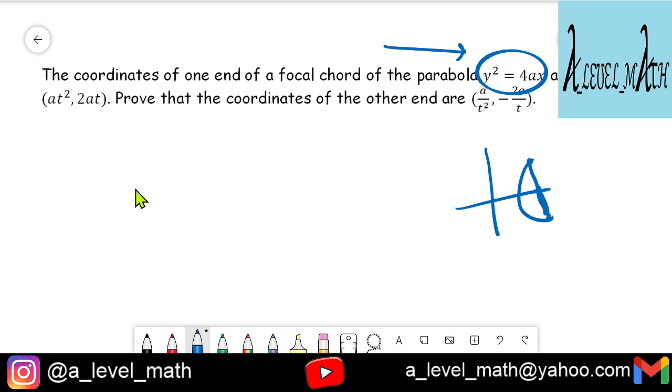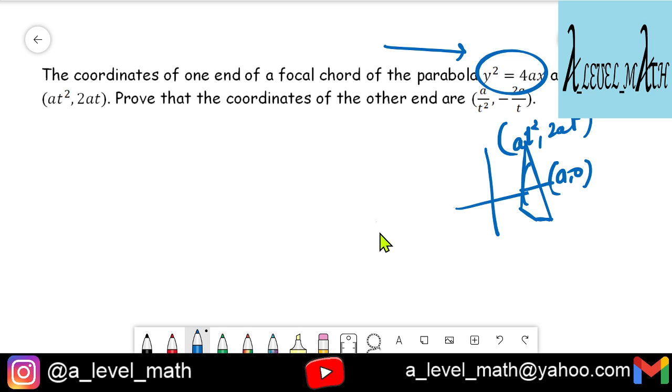So how do we do that? We know that we have this point as at^2 comma 2at, and we know that this is the focus. So let's figure out the equation of this focal chord.